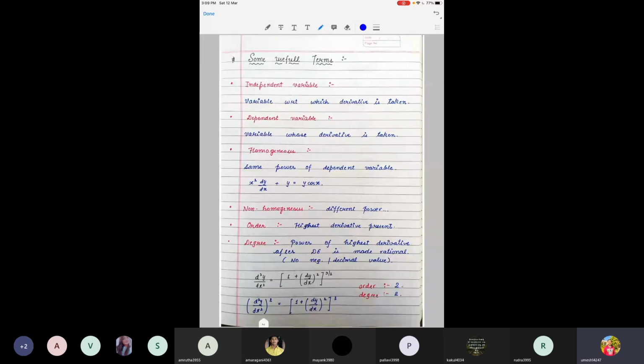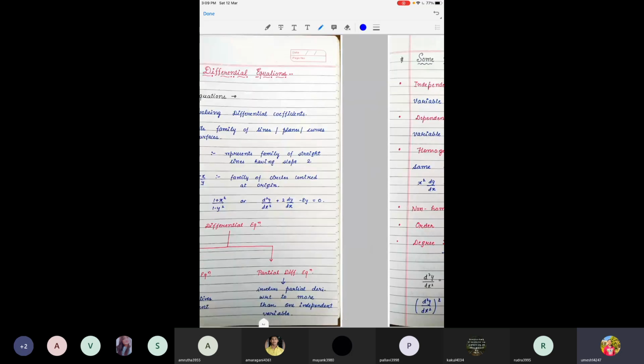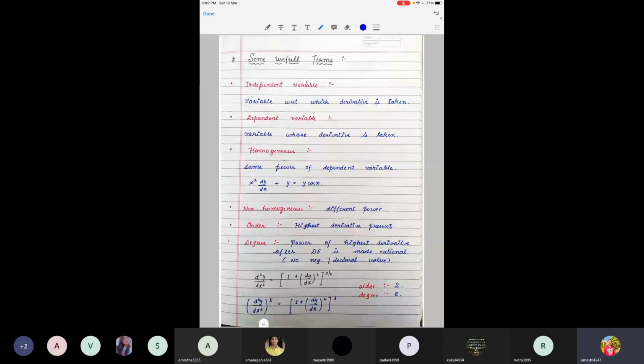So we have some good terms in today's lecture that will help in further topics, that is, independent variable. In the last slide I used dependent and independent variable, so we need to know what an independent variable is.